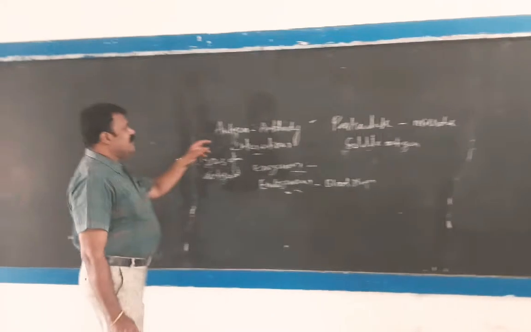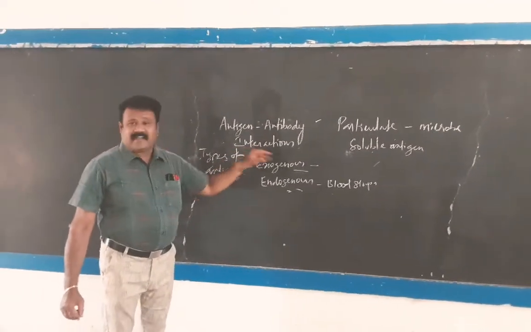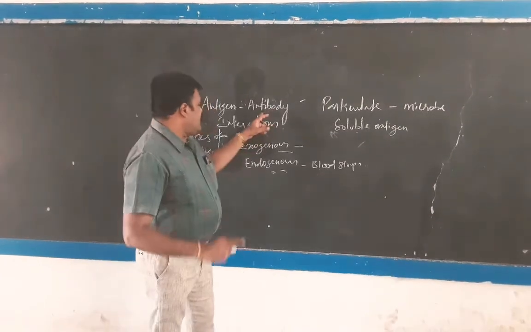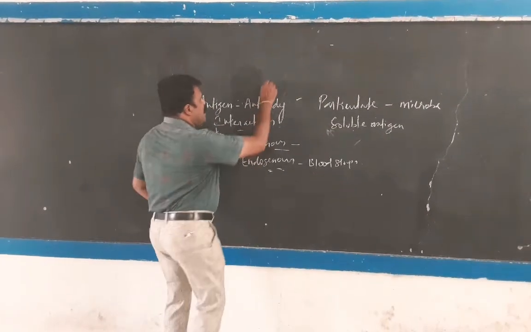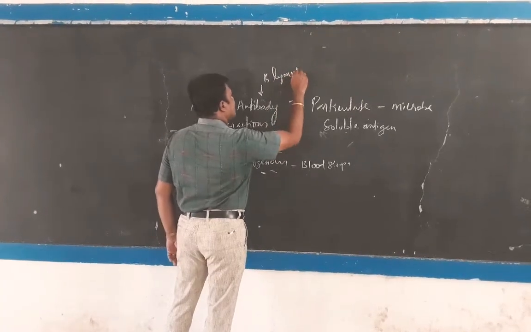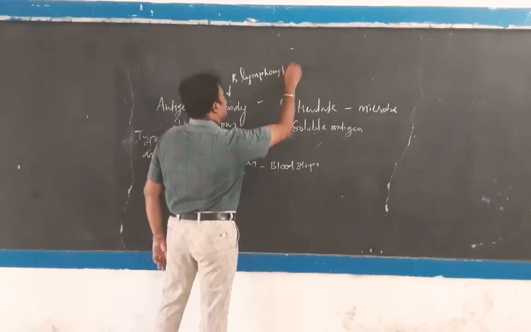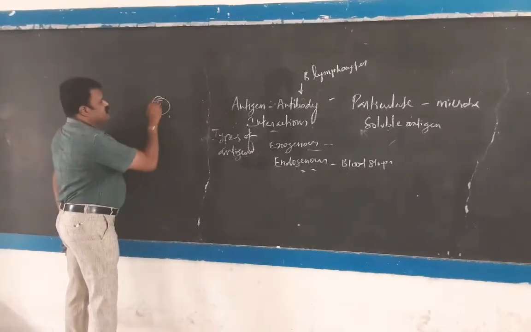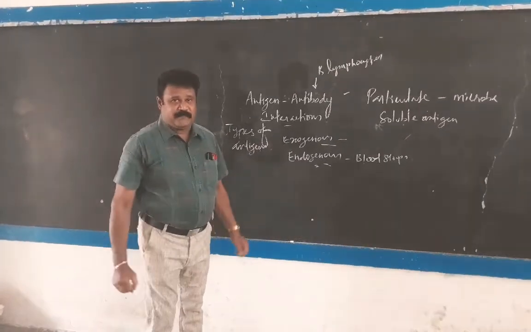Now, let's proceed to the antigen and antibody interactions. I have told you already, antibodies are produced only by B lymphocytes. B lymphocytes are the producers of antibodies. Never do T lymphocytes produce an antibody.